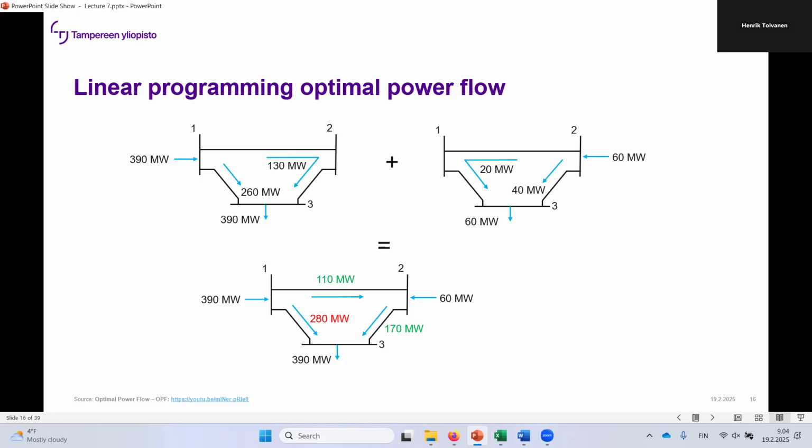And it results in 390 megawatts, but we are exceeding the line transmission limit. So something has to be done. The economic dispatch model doesn't yield a satisfactory result since we are exceeding the transmission limits in here. So the flow between 1 and 3 must be reduced by 20 megawatts.